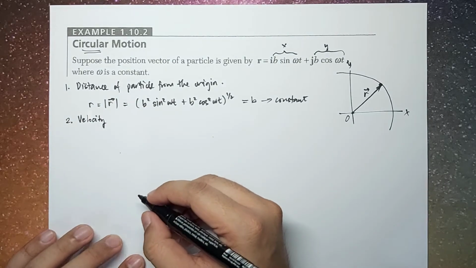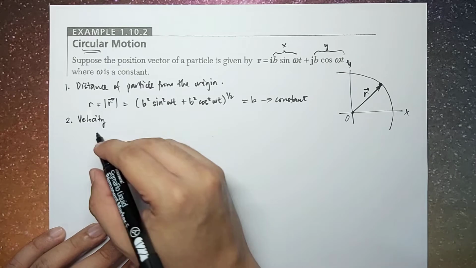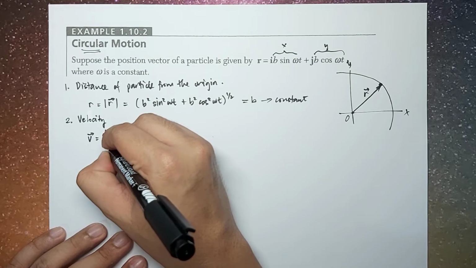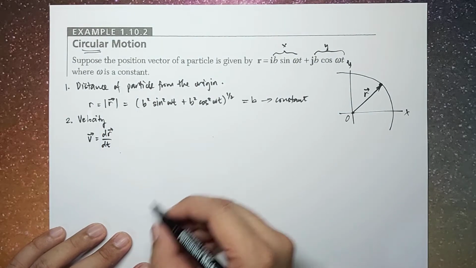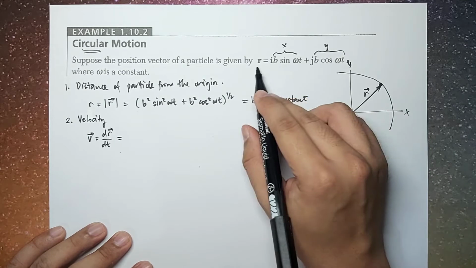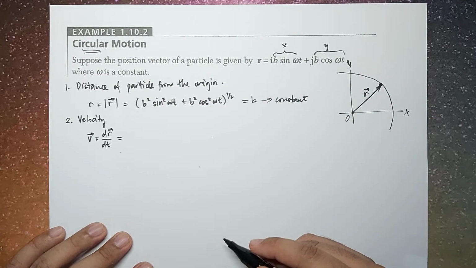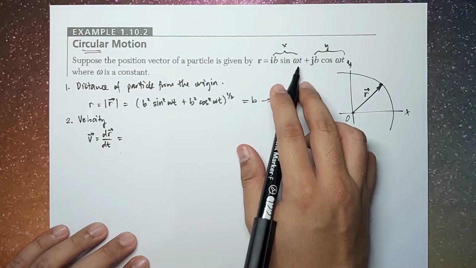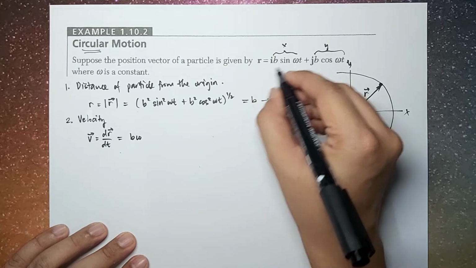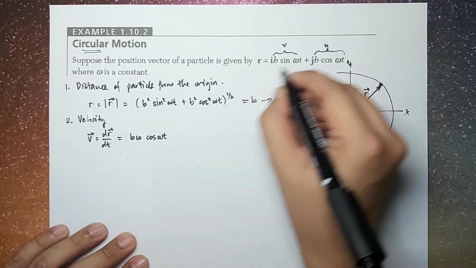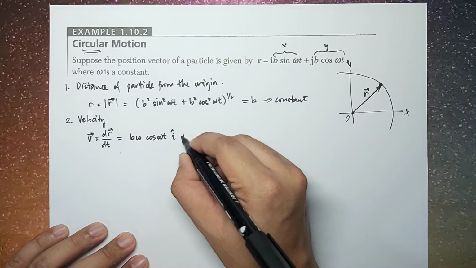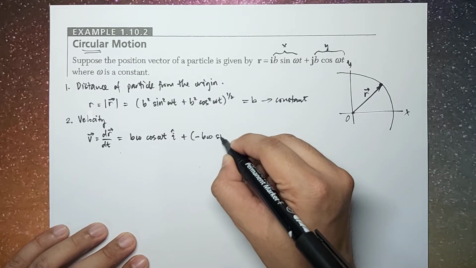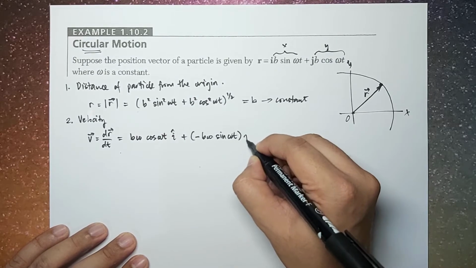So the velocity of the particle is a vector quantity, equal to the derivative of the position with respect to time. So here we just differentiate this function. The derivative of the position function would now be equal to b omega cosine omega t i hat plus negative b omega sine omega t j hat.